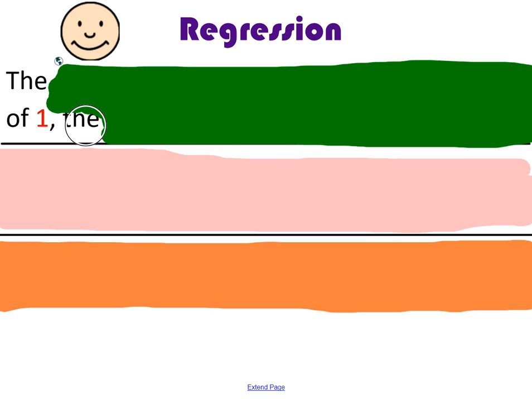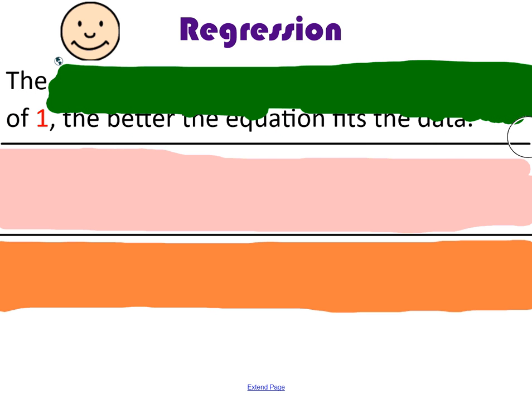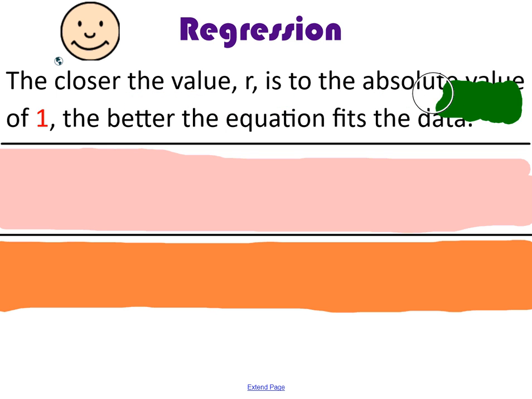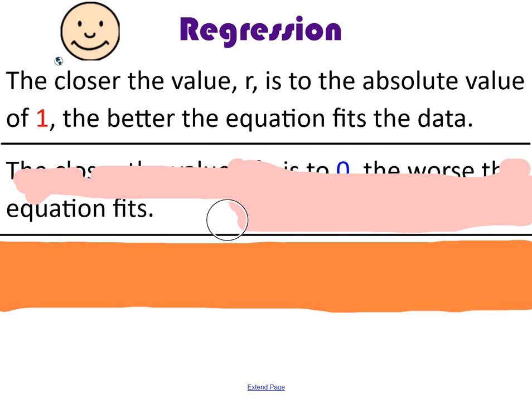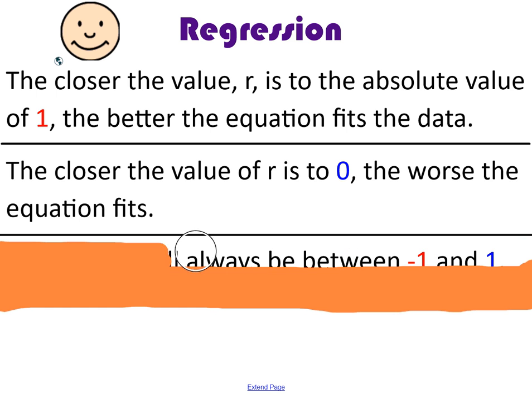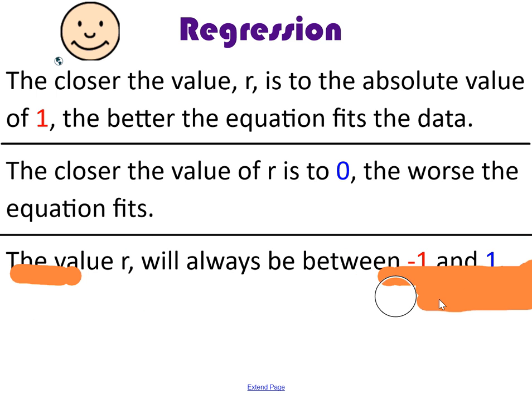The closer the value of r is to the absolute value of 1, the better the equation fits the data. So if your dots lined up to make a perfectly straight line, you would say they have an r value of 1. If your dots are just scattered all over the place, they would have an r value of 0. Your value will always be between -1 and 1.